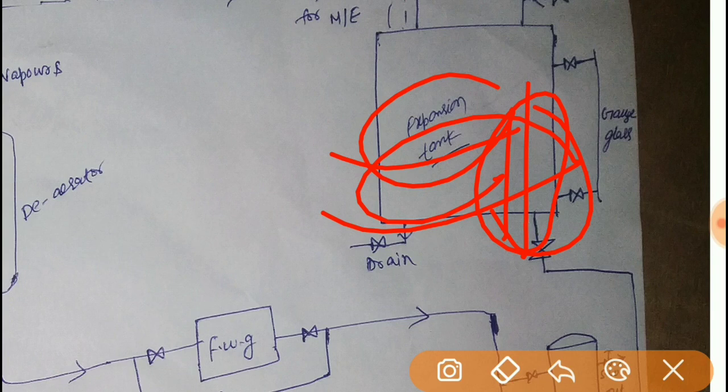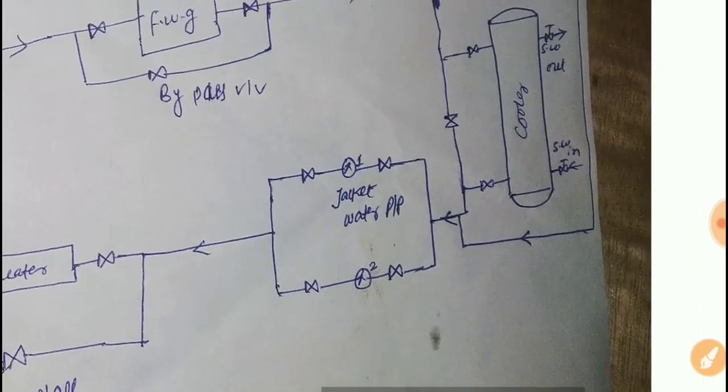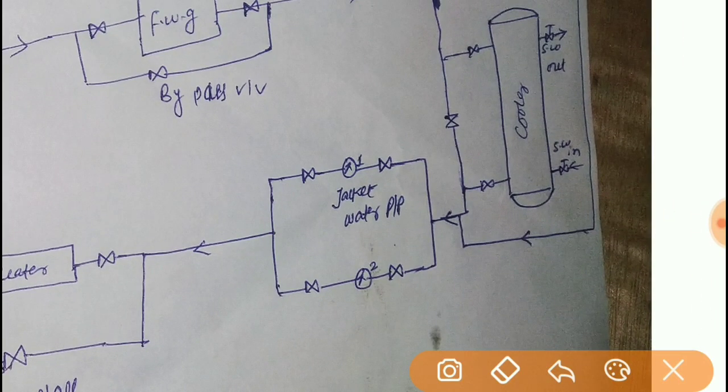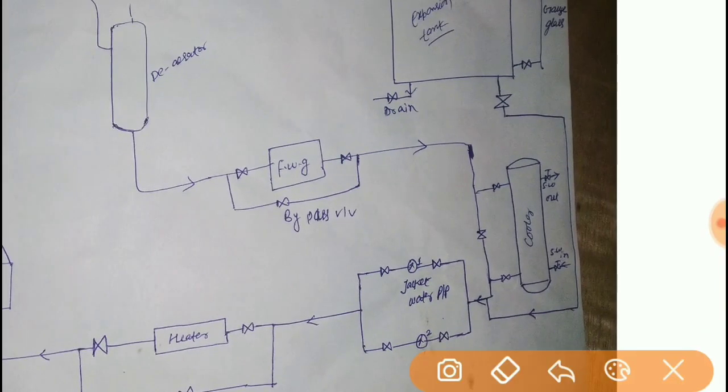If the level increases or decreases, you can see jacket water always takes suction from the cooler. This is the cooler for jacket water and it takes suction. And one more line is connected to the expansion tank. One connection line goes to the suction of jacket water, but it takes suction from the cooler.